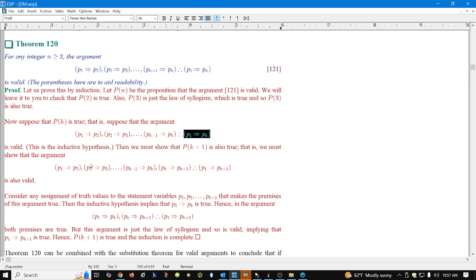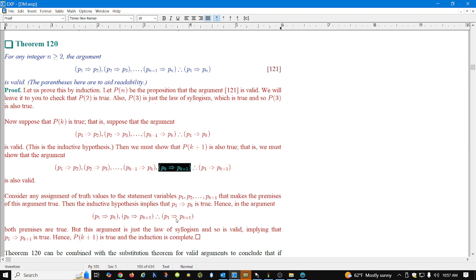So if I replace all of these by P1 implies Pk, that's true. This is true because it appears here.